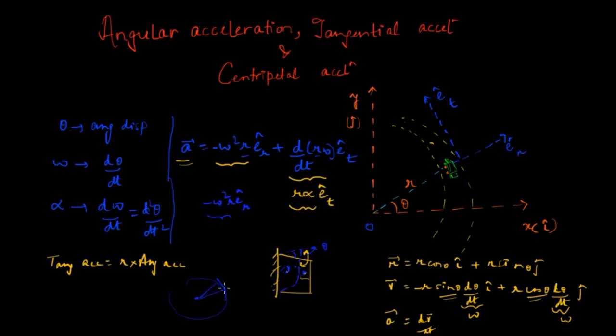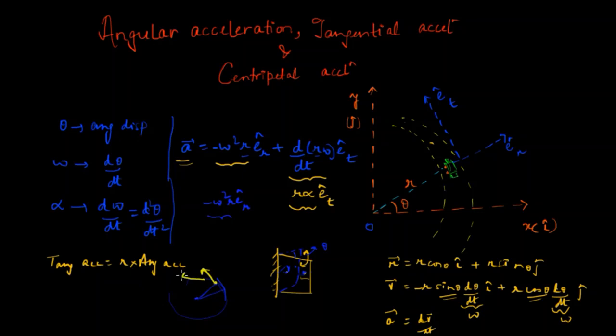The reason is that when the object moves, let's take any point on the locus of the motion of this object. So let's take a point here. Now at any instant, the velocity of the point is like this, right? Now this point moves in a circular path. So as it moves from here to here, the velocity changes, right?